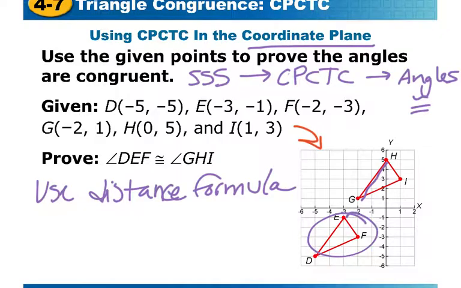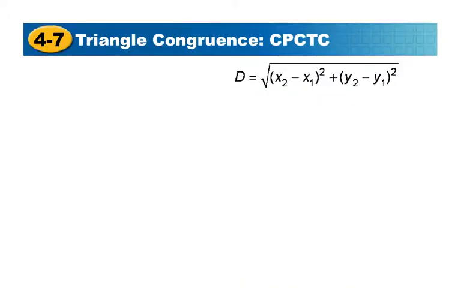We're using side-side-side, and the way we're going to get the sides, rather than tick marks, is by actually calculating them. Triangle GHI has three sides. One of them is GH, the other is HI, and the third is IG.